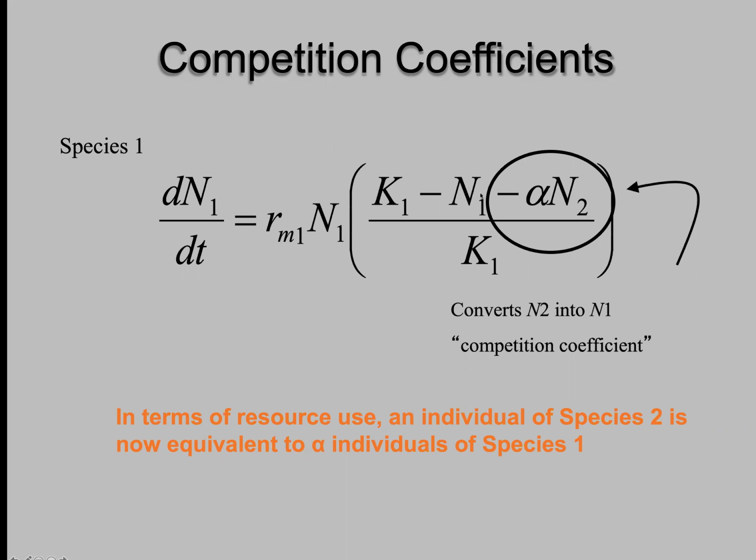So as we get bigger and bigger, we're going to be approaching the carrying capacity. So what's happening to the numerator then? As N's go up, what happens to our numerator function? It gets smaller and smaller.